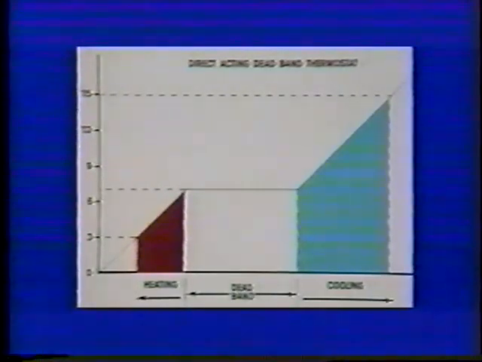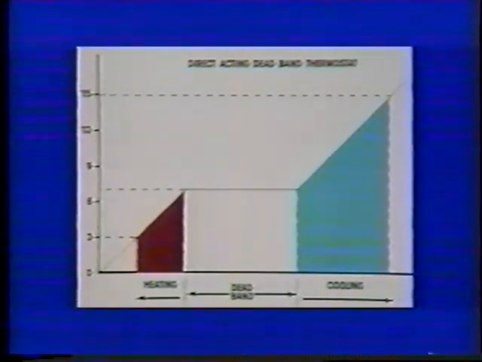This graph shows the operation of a direct-acting dead band thermostat. As the temperature in the space rises, the branch line pressure of the thermostat rises proportionately until the space temperature reaches the dead band. The dead band output pressure is factory set for 7 psig, and a fixed 3-degree throttling range is split between the cooling and heating set points.